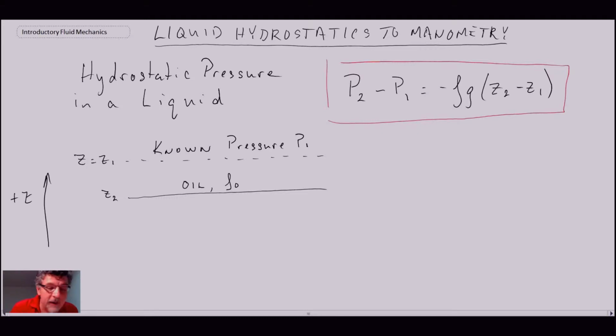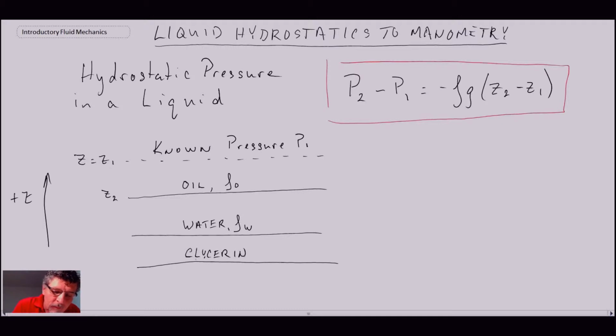Underneath, let's say we have a layer of water, rho W for the water. Then underneath that we have glycerin, rho G for the glycerin, and finally, way down on the bottom, we have mercury.